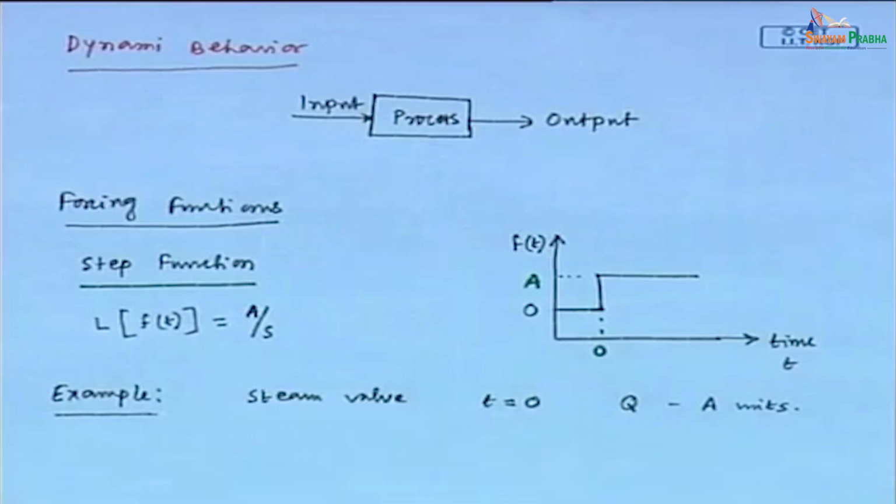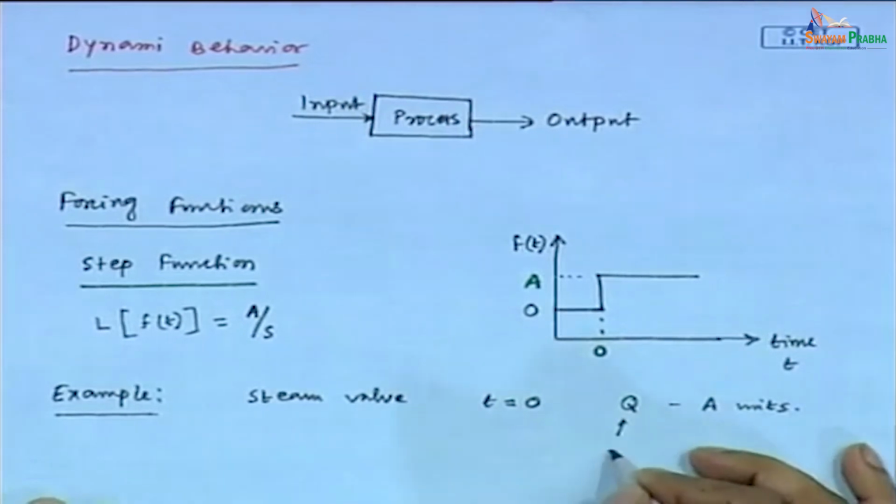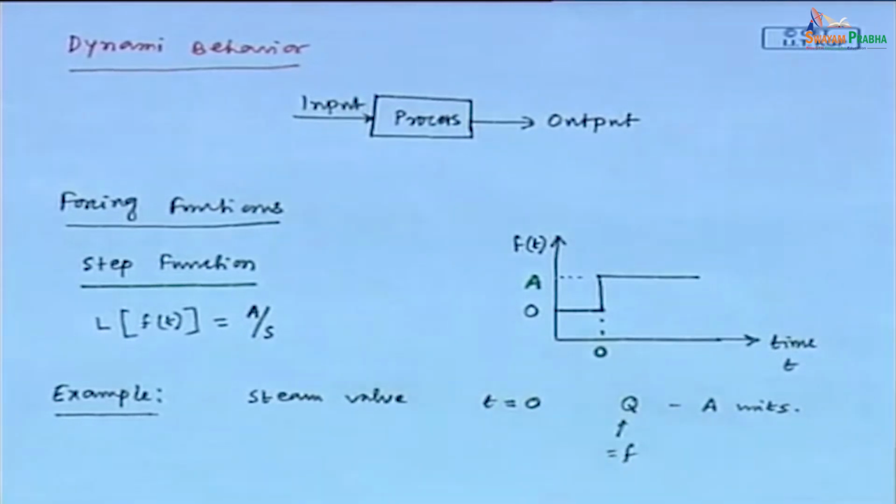Here Q is the steam flow rate and that is basically F.